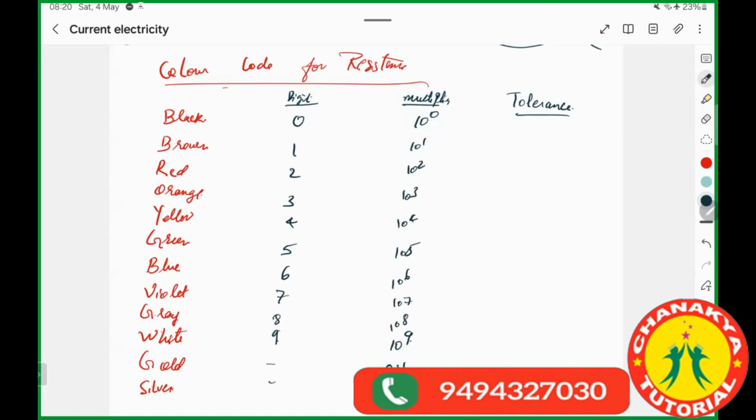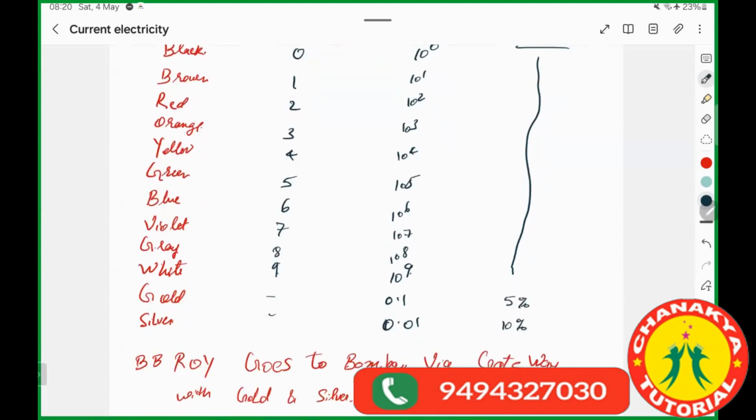Now tolerance. There is no tolerance for the others, only gold and silver. Gold has 5%, silver has 10%. And one more is 20% for no color.